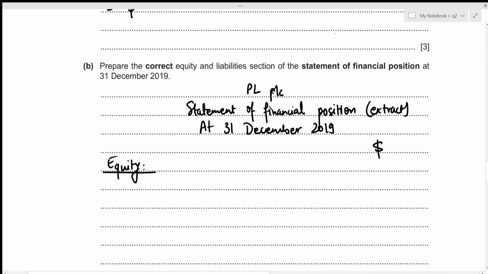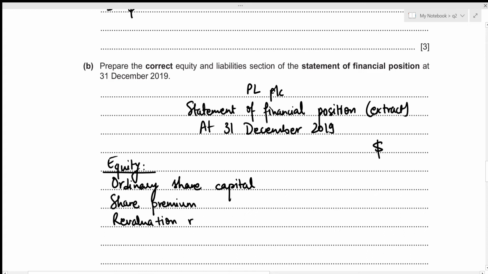Let's write it down. The first one is ordinary share capital. Then we have the share premium. Then we have revaluation reserve. And we also have general reserve.